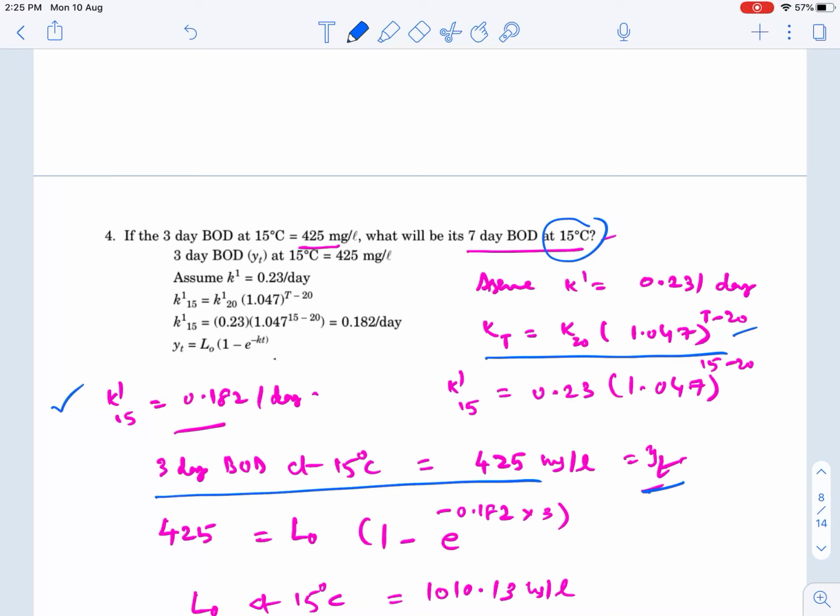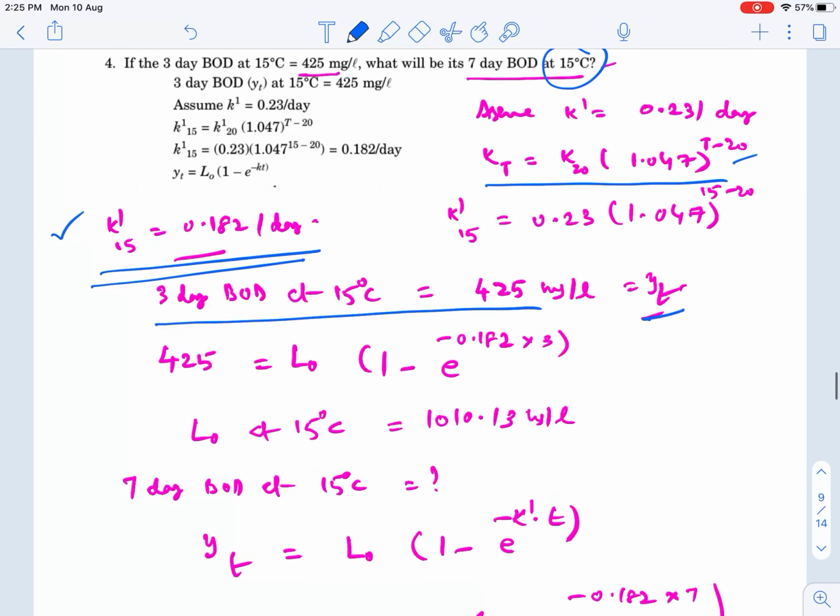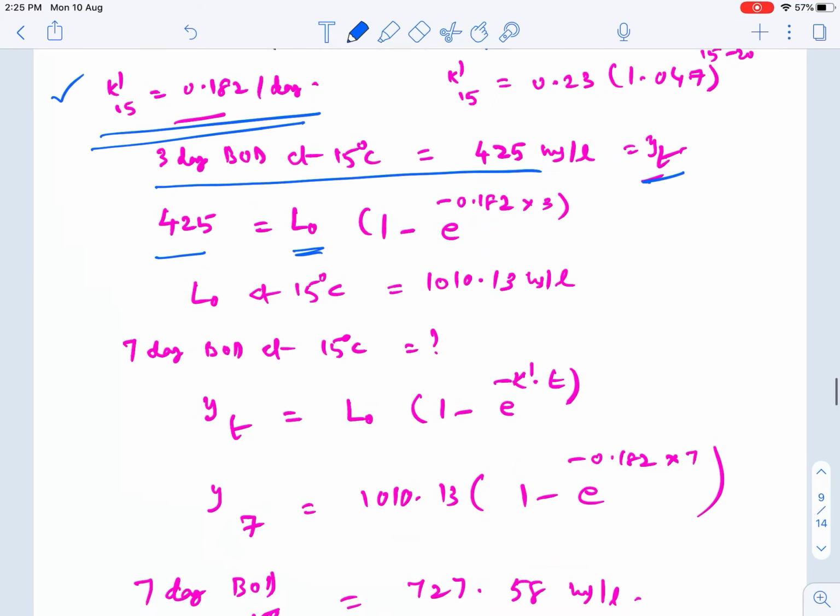Based on that, we have calculated the deoxygenation constant at 15 degrees centigrade. So we have to use this deoxygenation constant for this problem. So he has given BOD exerted 3-day BOD as 425 is equal to L naught. First we have to calculate the ultimate BOD. Once you calculate the ultimate BOD, you can calculate the 7-day BOD at the 15 degrees centigrade.